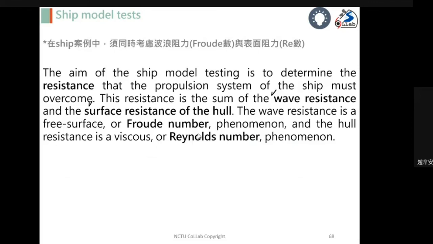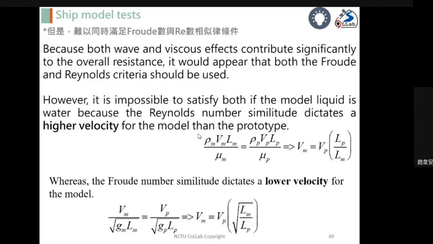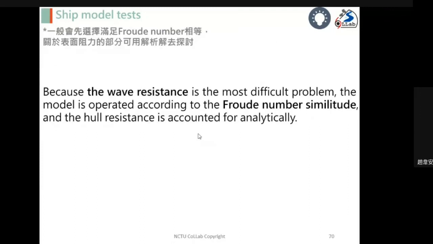As I mentioned before, we cannot satisfy the dynamic similitude at the same time for both the Froude number and the Reynolds number. However, we usually satisfy the dynamic similitude for the Froude number, because the wave resistance is the most difficult problem.